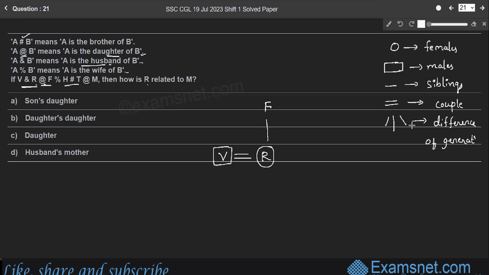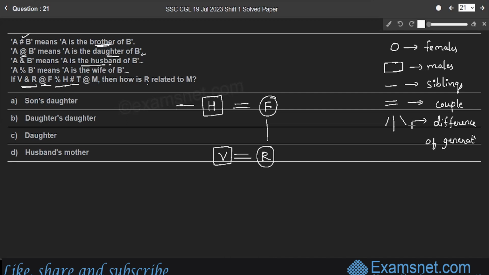So next comes F percentage H. Percentage means first person is wife of second person, right? So F is wife of H. So F and H are a married couple. So H is a male. And H hash T. Hash means H is brother of T, right?